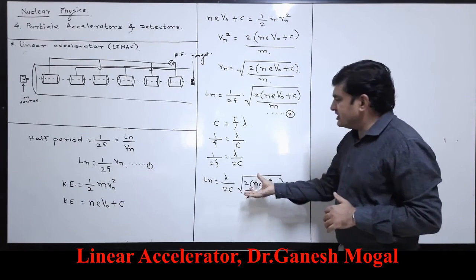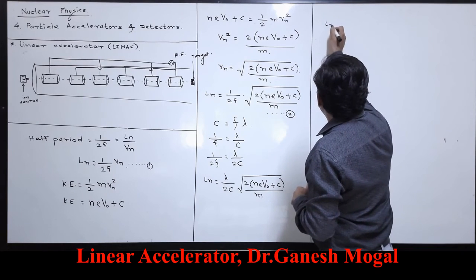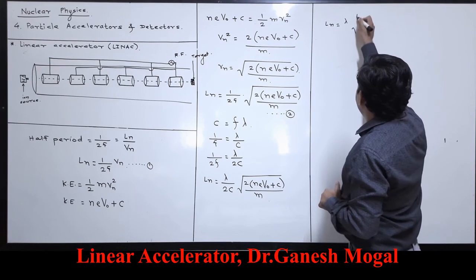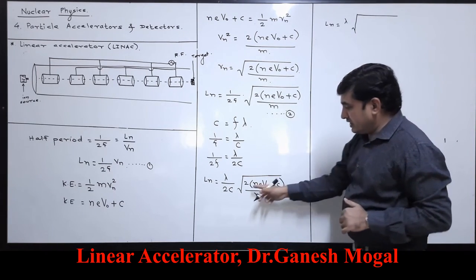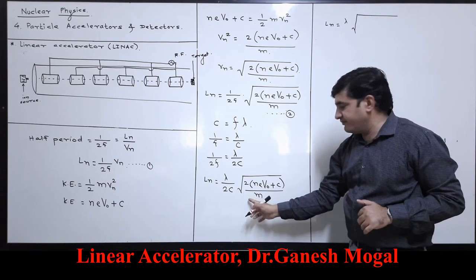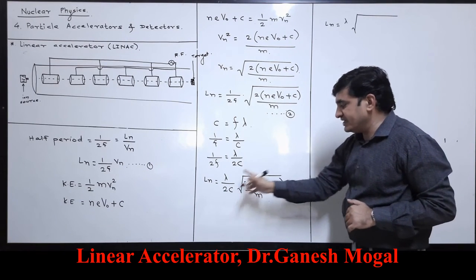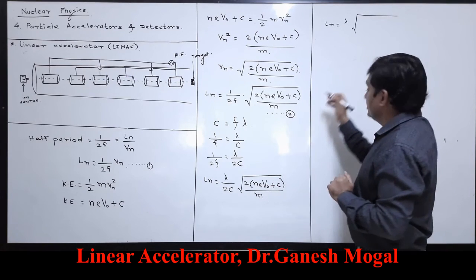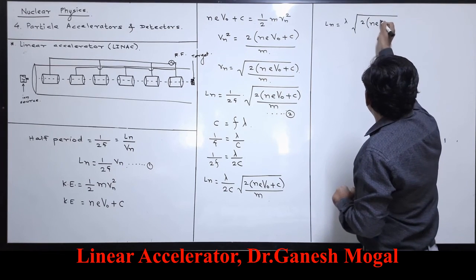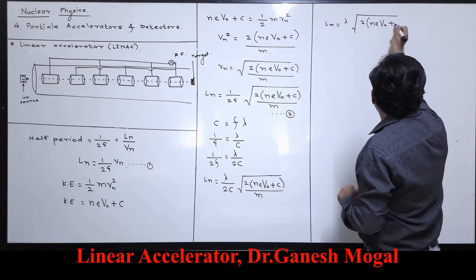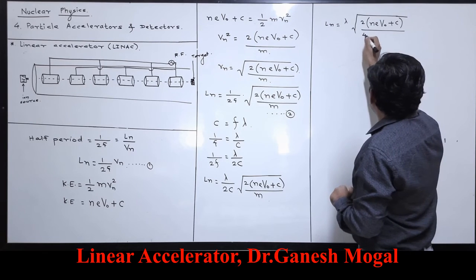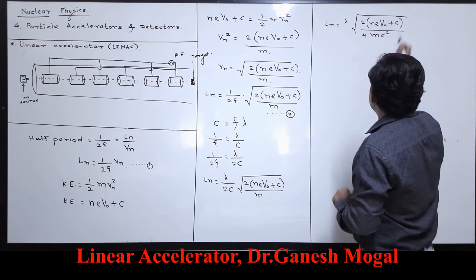Now this equation can also be written as ln is equal to lambda under root of, when this 2 goes inside the square root it becomes 4, and when c goes inside the square root it becomes c square, so 2 in bracket n E V0 plus c divided by 4m into c square.